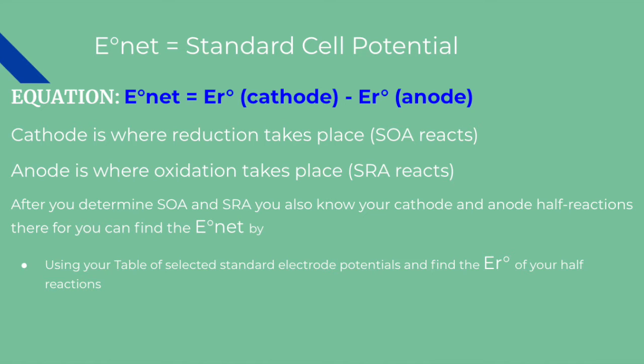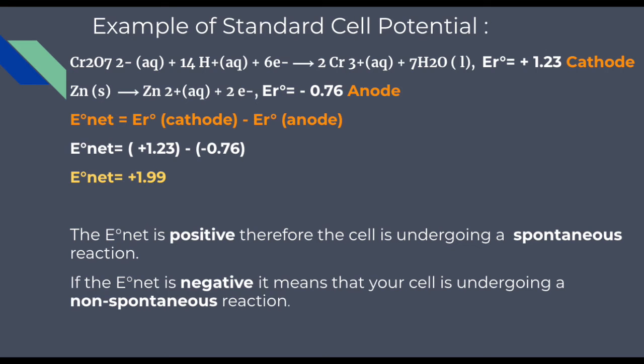Your SRA reacts. So after you determine your SOA and your SRA, you also know your cathode and anode from the half reactions we saw earlier. With those half reactions, you can turn to page 7 in your work booklet and find the standard electrode potentials of your half reactions.